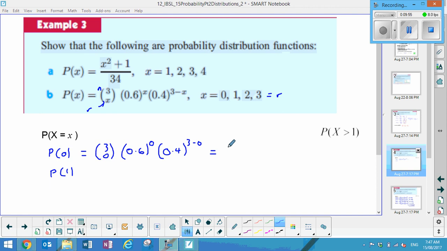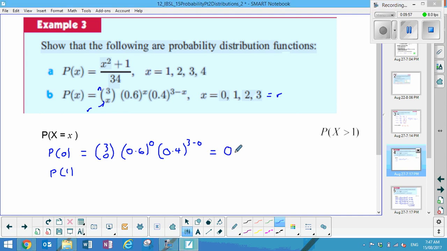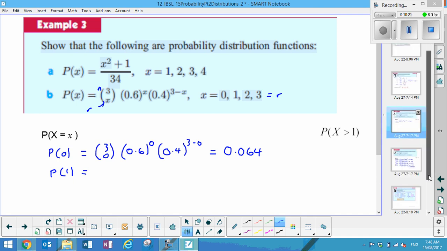I should be able to do that one in my head if I was thinking, because that's 1 times 1, and 0.4 cubed is 4 times 4 times 4, which is 64, with 3 decimal places, so 0.064. All right, so go through and have a go at finishing those off, and we'll have a look at that in class to see how you go with remembering your binomial.